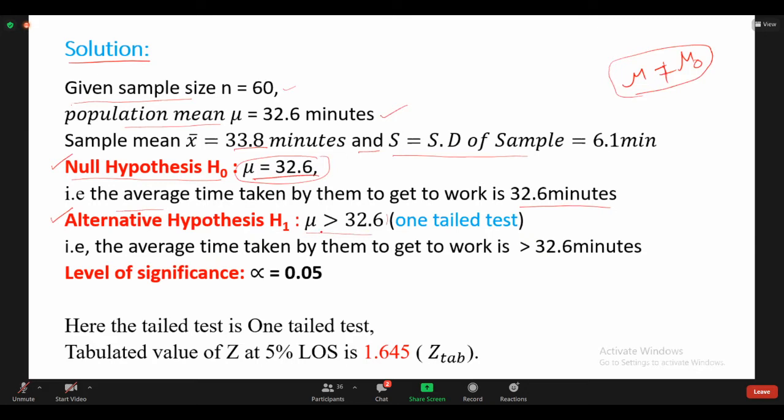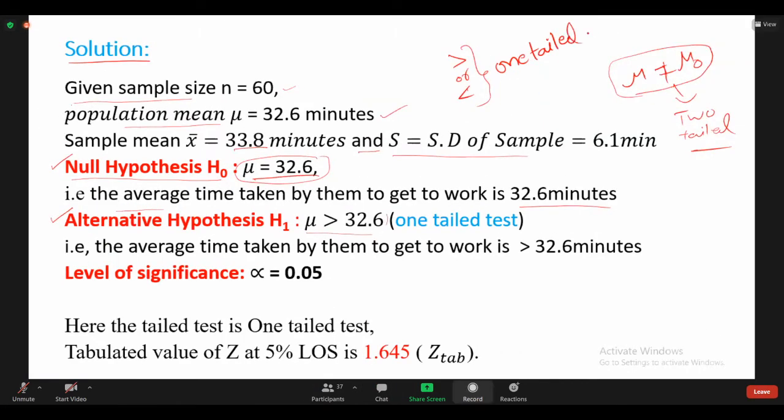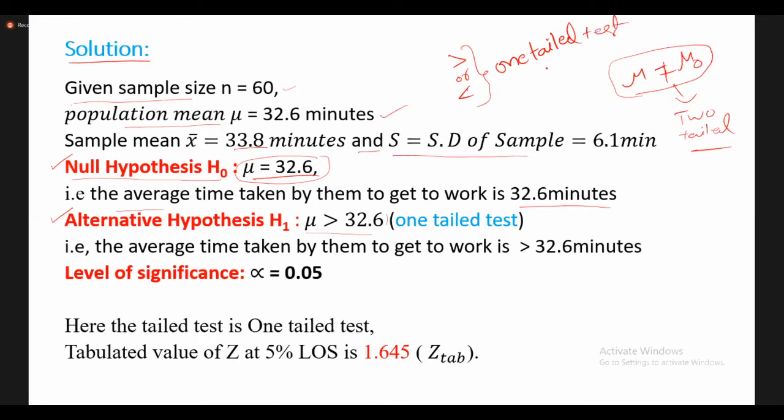All of you observe. If it is mu not equal to type, the tailed test is a two-tailed test. Here, greater than or less than is there. In such a case, the tailed test is a one-tailed test, either greater than or less than.